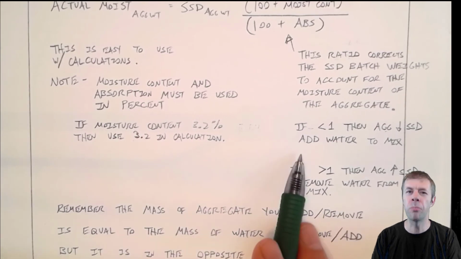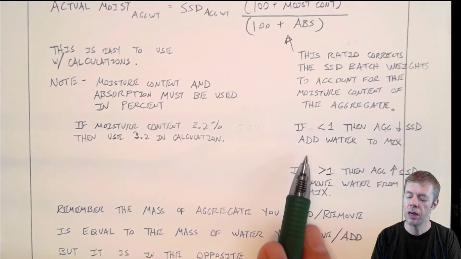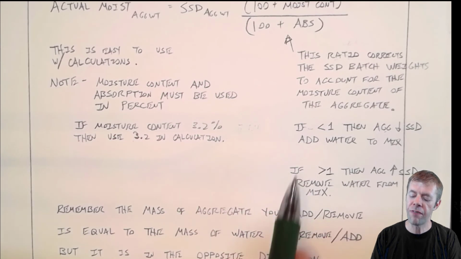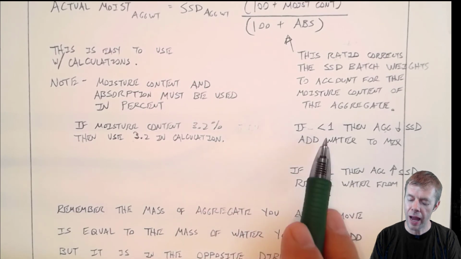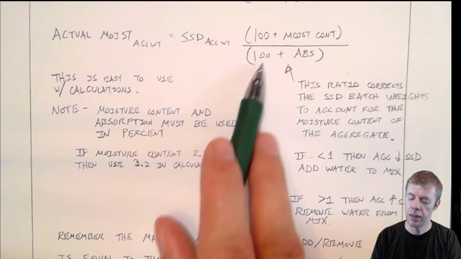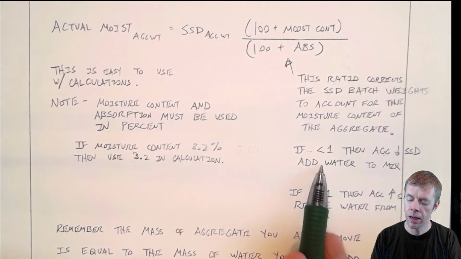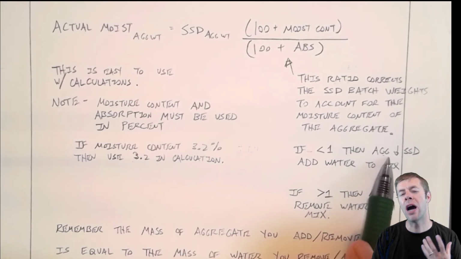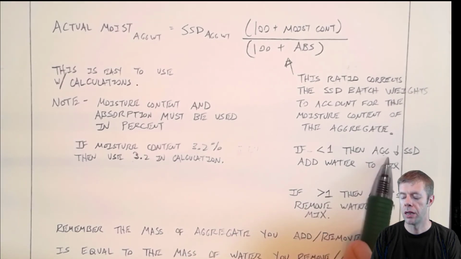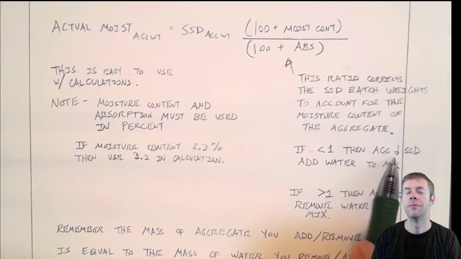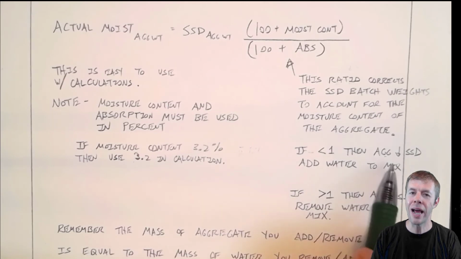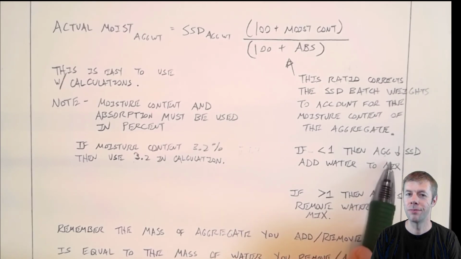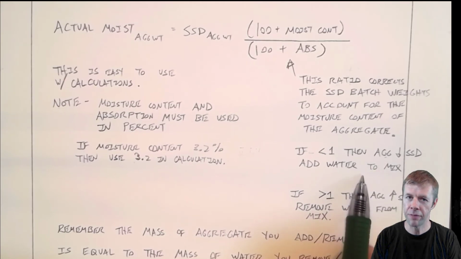Now, these are really important points. This is the idea that if I weighed out a certain amount of aggregate that has this factor less than 1, then that means I weighed out aggregate that wasn't at SSD. So I've weighed out too much aggregate, and I'm going to have to take a little bit out of my mix and add water in.